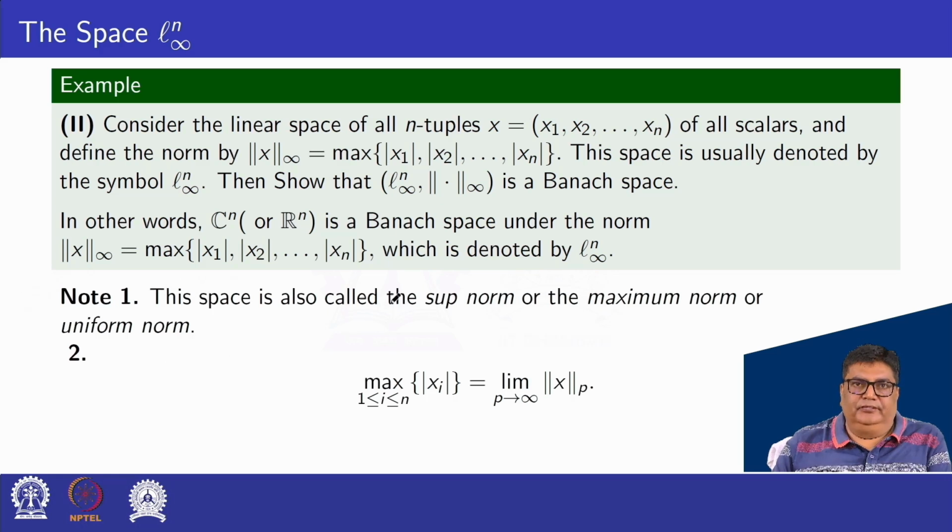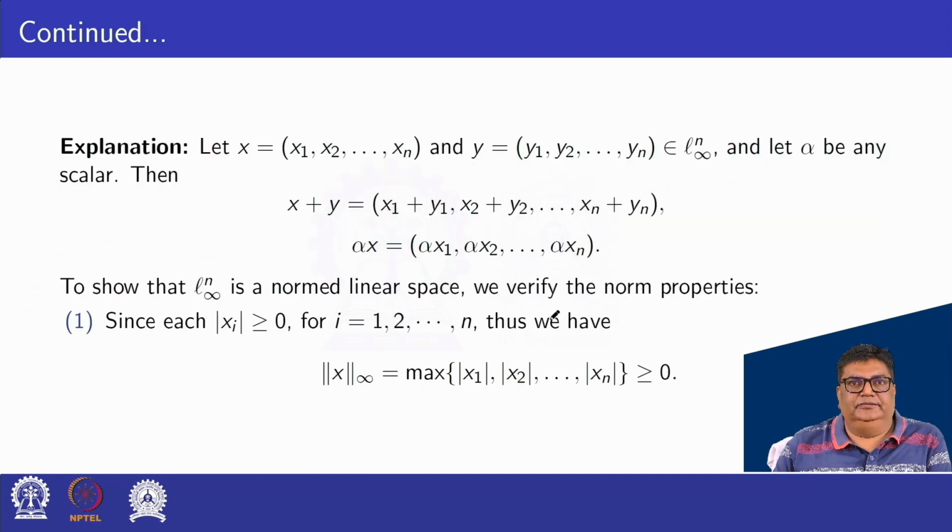Let us prove that L infinity n is a Banach space. Explanation. Let x equal to x1, x2 and so on xn and y equal to y1, y2 and so on yn belong to L infinity n, and let alpha be a scalar.